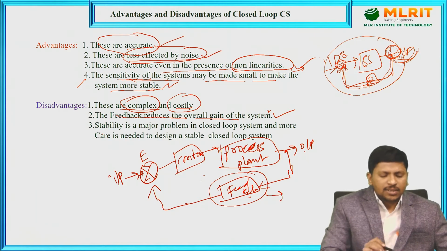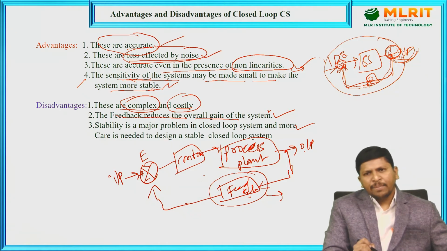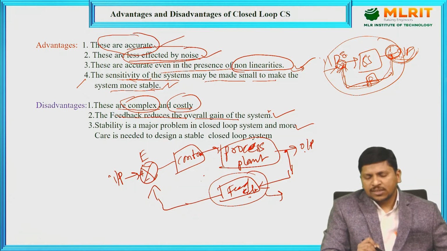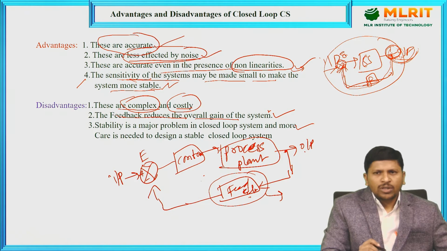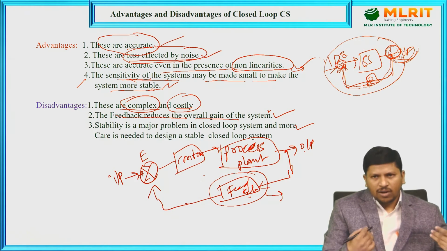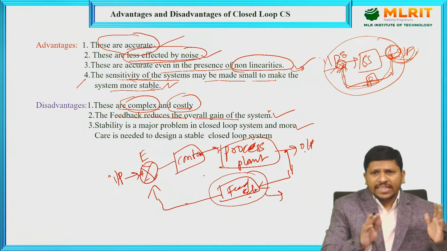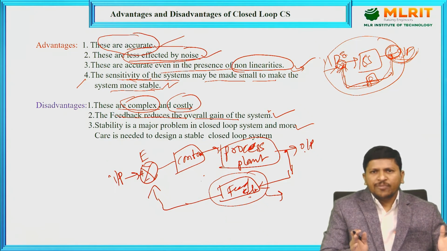Next, the third one: stability is a major problem in closed loop control system. So when we design any closed loop control system, we need to take more care to maintain the stability of the system.